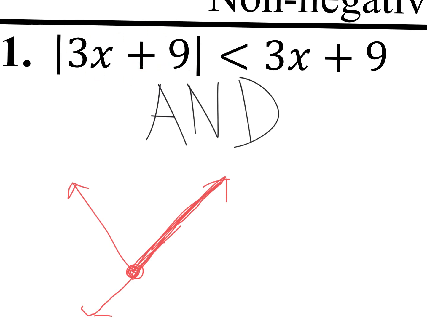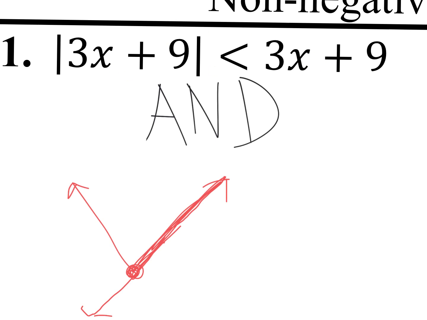So that's really important to note, because if we're talking about the absolute value of 3x plus 9 is less than the linear side of 3x plus 9, well, that's never going to be the case. For starters, they can always equal each other as long as we're outputting positive values, and then they kind of diverge once it makes 0, right? So once it starts becoming negative, the linear side stays negative, and the absolute value side ends up going positive.